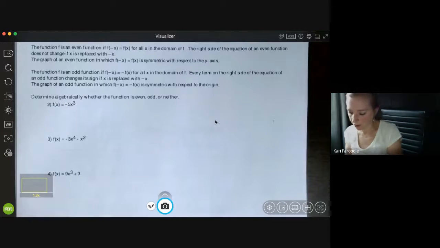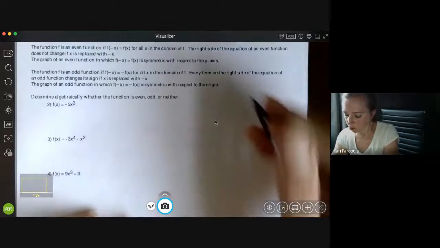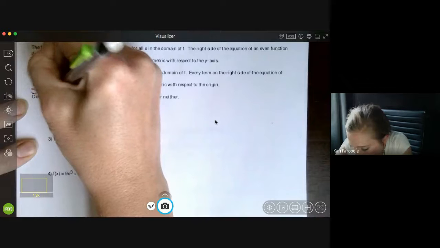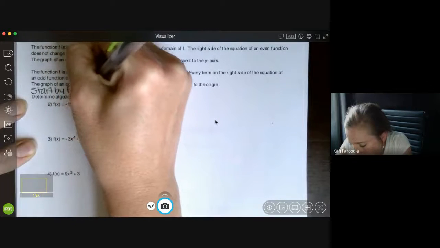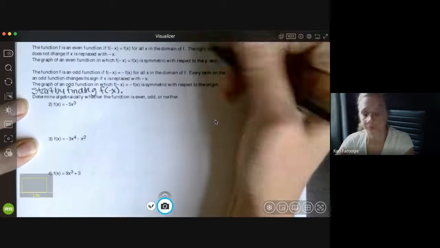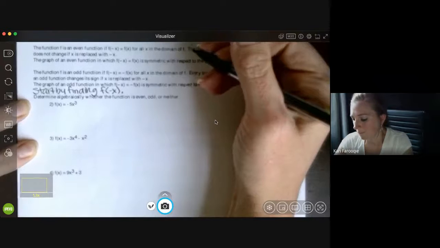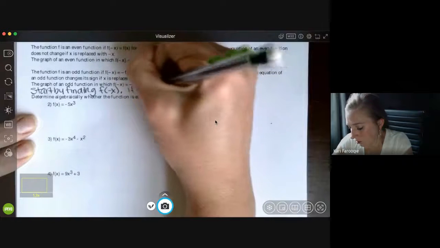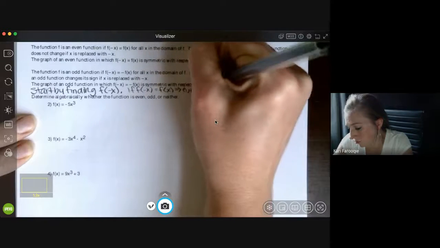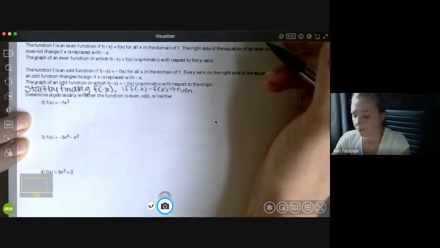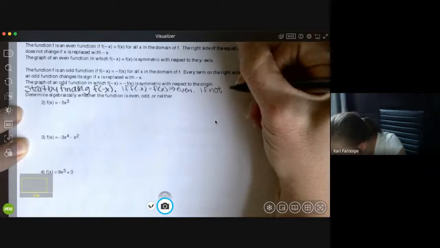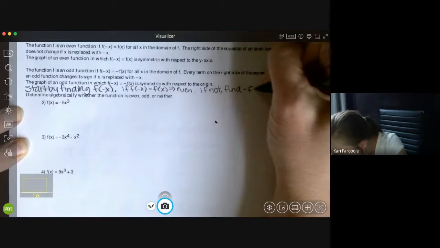So let's go ahead. First, I'm just going to write this down too because I think it's important. Start by finding f of negative x. If f of negative x equals f of x, then your function is even. If not, find negative f of x.